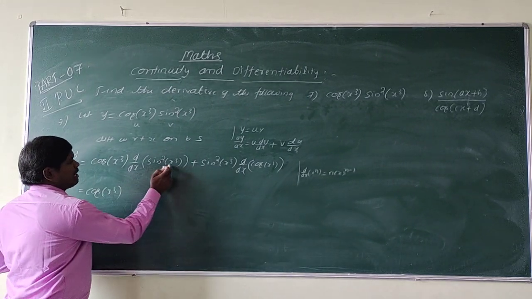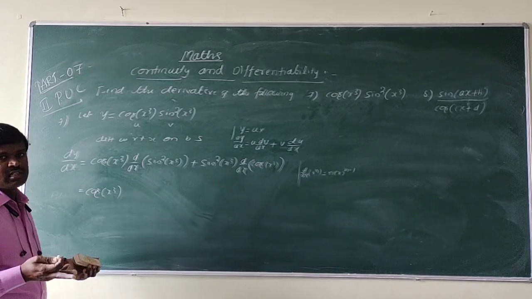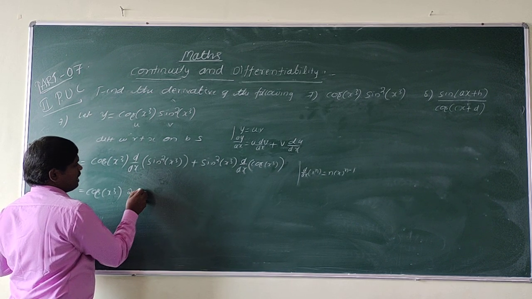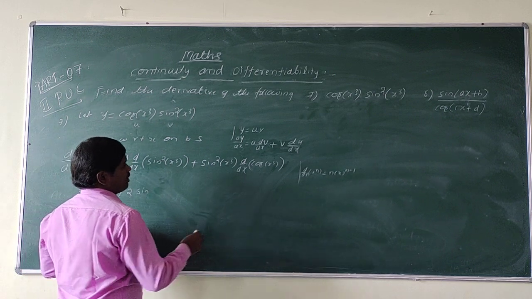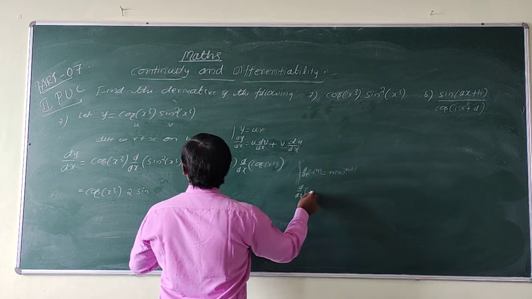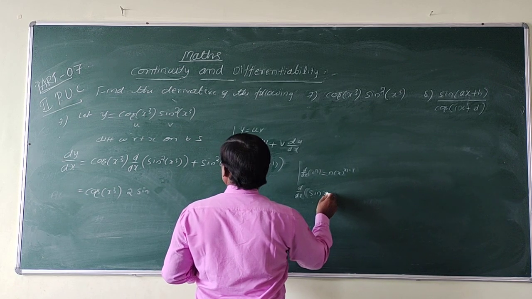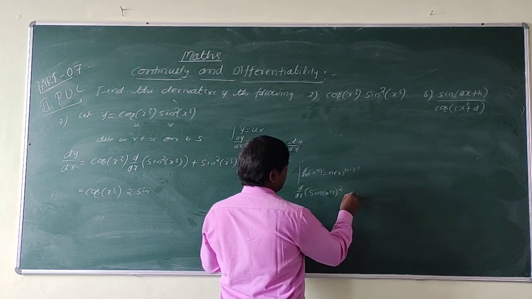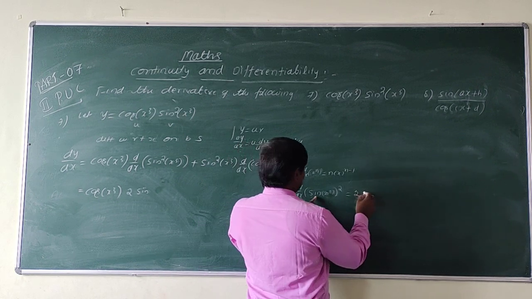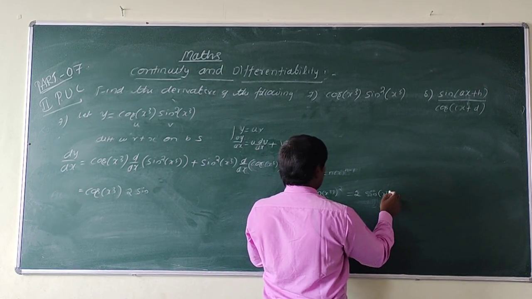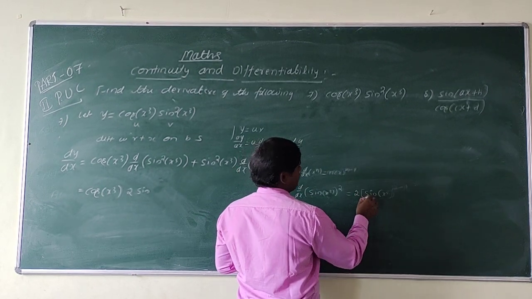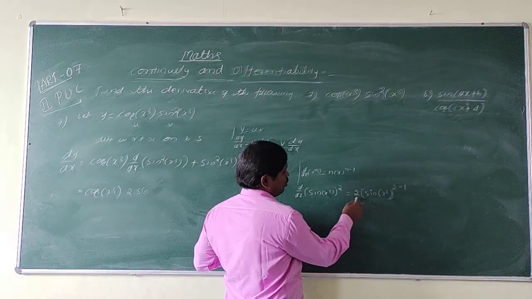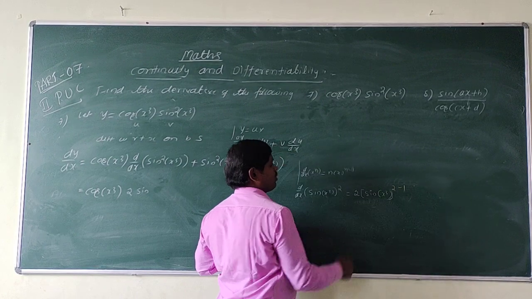So that is 2 into sine of x cube to the power of 2 minus 1, n into x to the power of n minus 1.